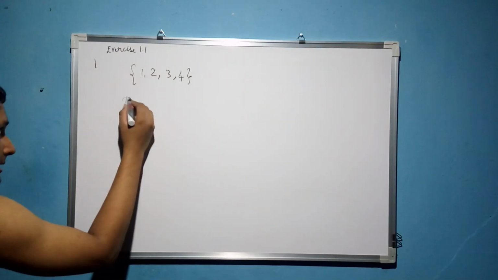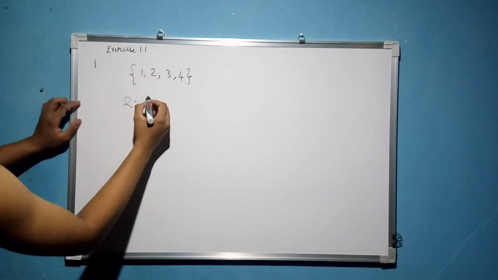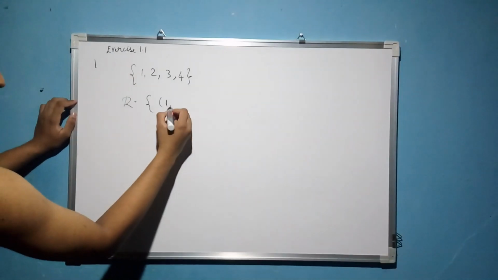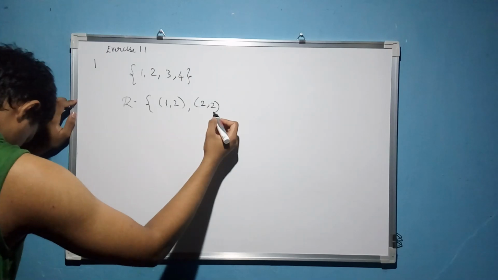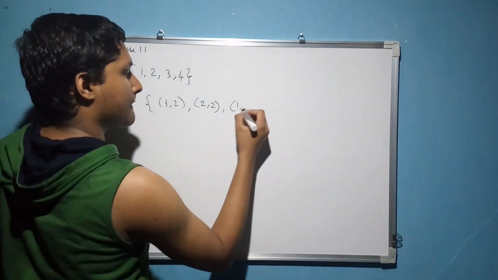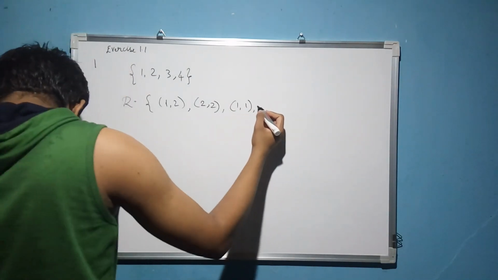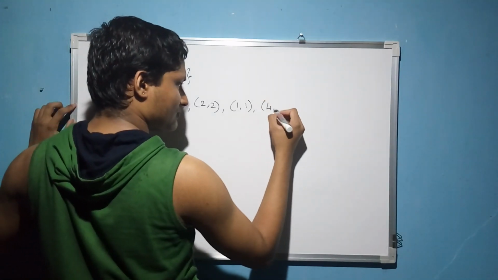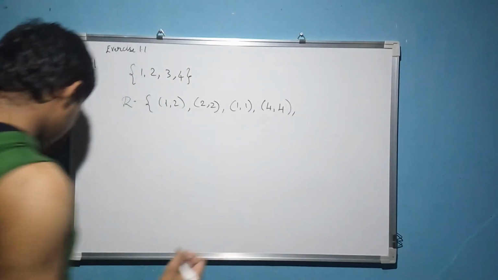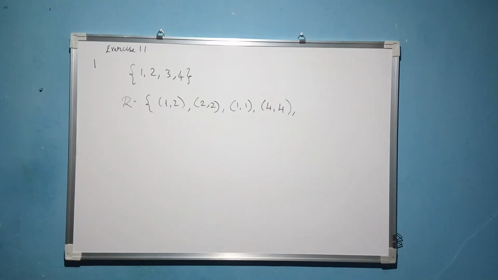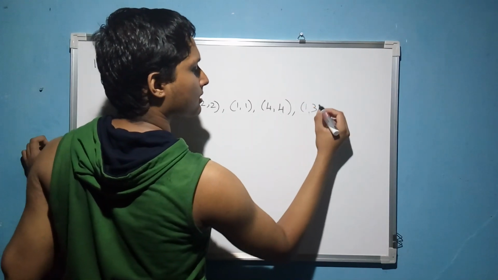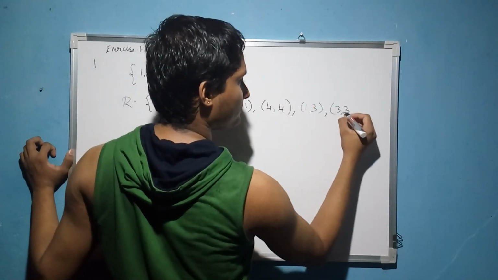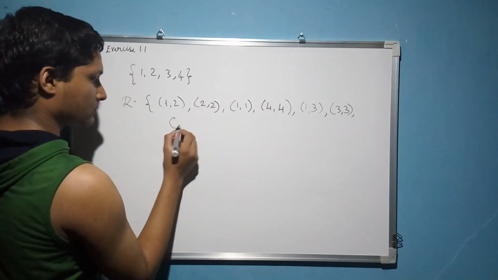Then what is the given relation? R is equal to the set (1, 2), (2, 2), (1, 1), (4, 4), then you have (1, 3), (3, 3), and (3, 2).